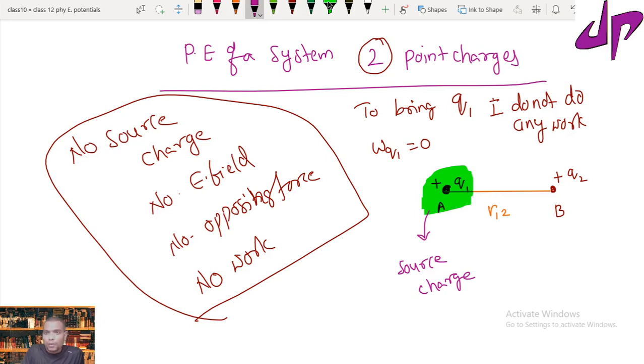Now to bring charge q2, what is the work done by me? We can write the potential energy formula.